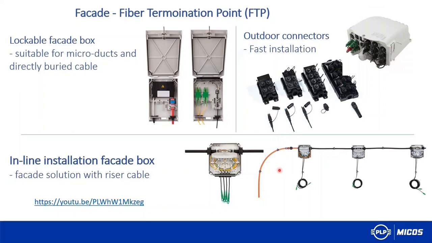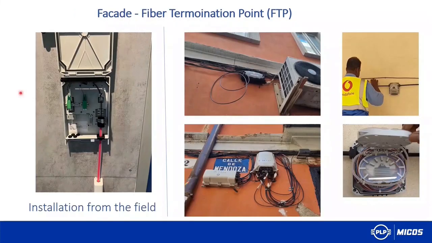Some pictures from the field. This is the ORM5, the picture on the facade, with optional lock. You can see they come with the duct using the gas block, pigtail, and they have 1, 2, 3, 4 possible drops here. This is the installation with the outdoor connectors. This one was taken in Valencia. This picture is taken in Germany.